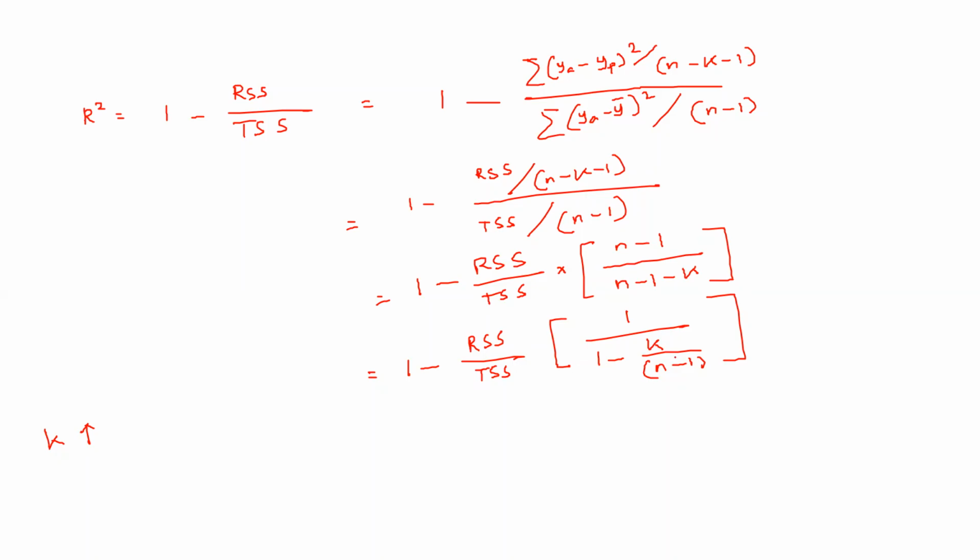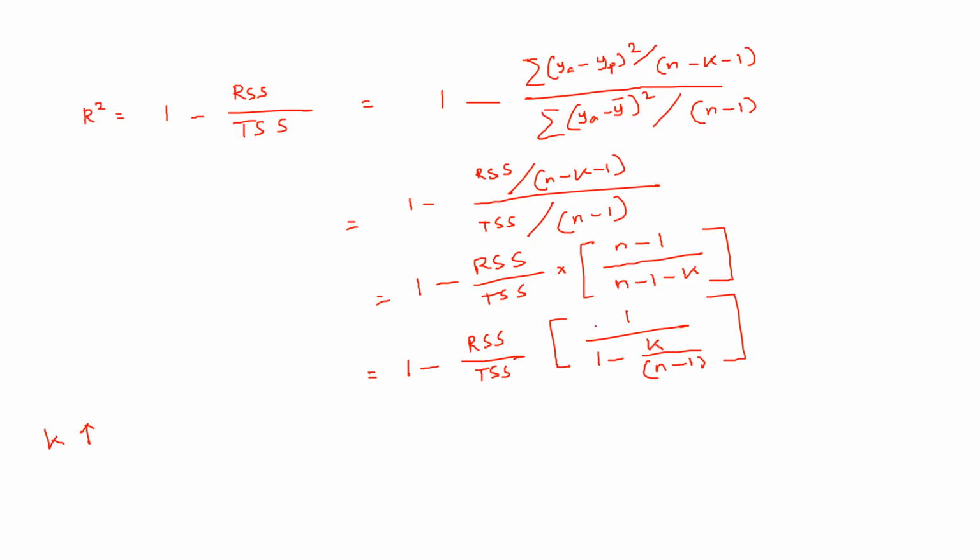This denominator, what happens to this denominator? If the number of independent variables increases, k increases, what happens to this denominator? This denominator will tend to be less. This denominator will come down, reduce.